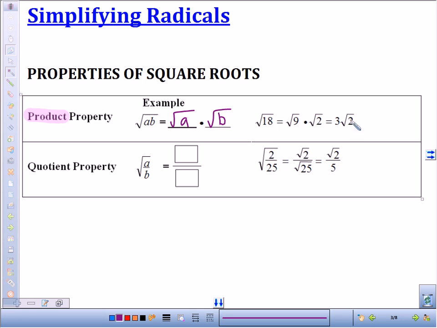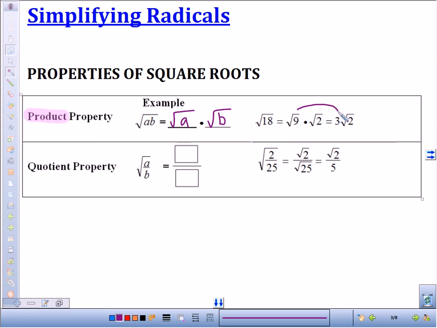And we have a little example off to the side here. As you can see, I have the square root of 18, and like I said, I want to simplify the radical by splitting it into perfect squares. So I looked at 18 and I said, okay, well 18 is 9 times 2. 9 is a perfect square. So I split the radical into the square root of 9 times the square root of 2, and I could remove the radical from square root of 9 because the square root of 9 is 3.